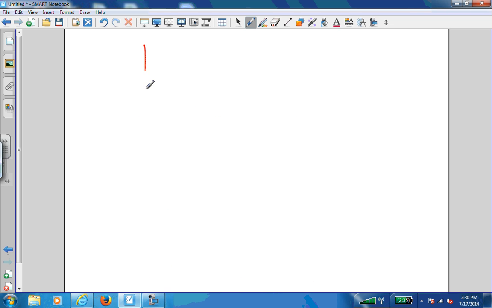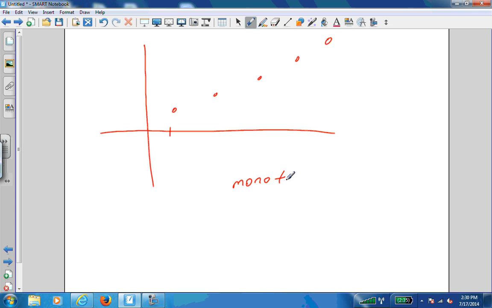So if we look at a sequence that does this, that sequence is monotonic. Every value is getting larger and larger, and it's increasing, so it's monotonically increasing.